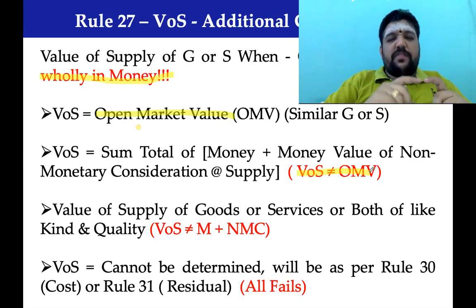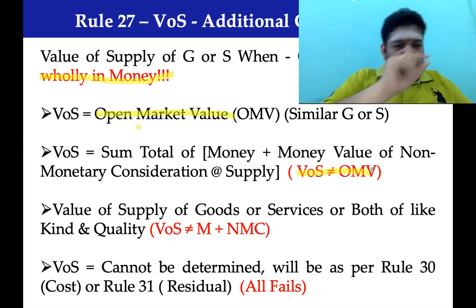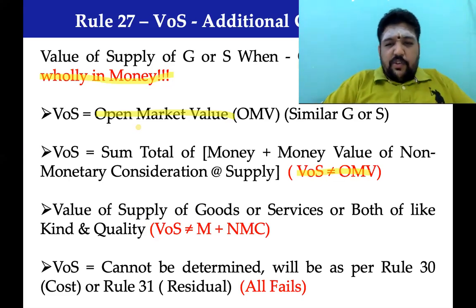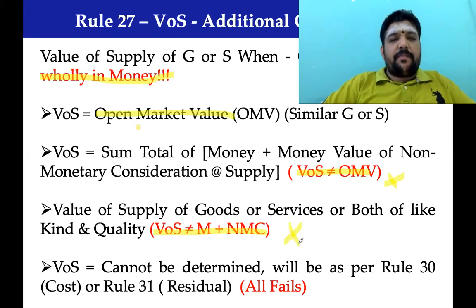Then that will fail straight away. So for a transaction, open market value is also not there, it fails. And this also fails. What? Monetary plus non-monetary consideration also fails.